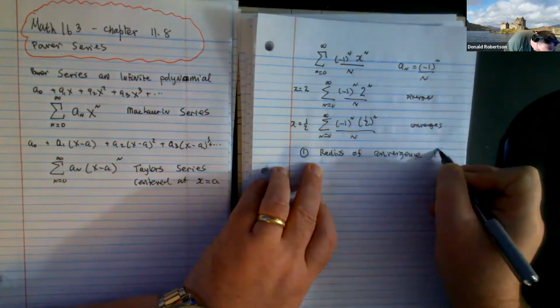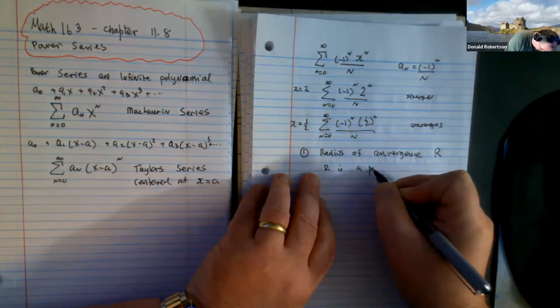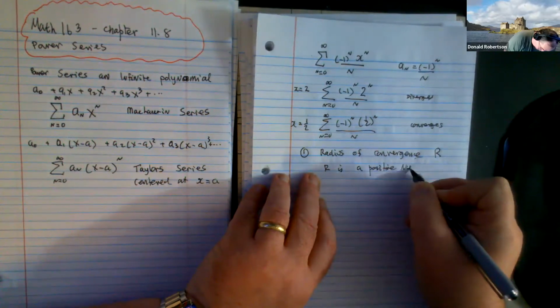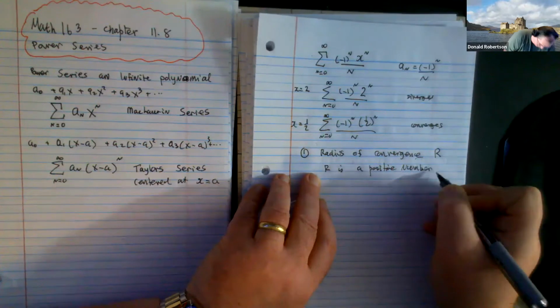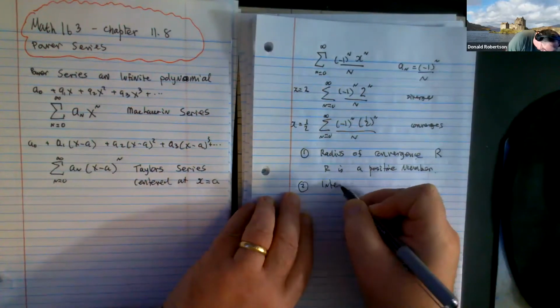And it's normally called R, and R is a positive number. And the second thing we're going to find is called the interval of convergence.